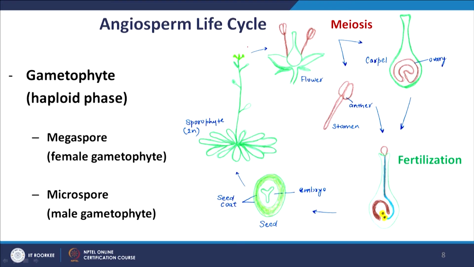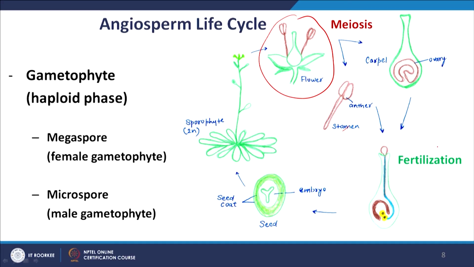This is a typical angiospermic flower. In a flower there are 4 organs mainly: the sepals, petals, stamens and carpels. The stamen is the male reproductive organ, and the carpel is the female reproductive organ, and the process of gametophytic stages initiates from here, when anthers, which are the male part of the stamen, produce pollen grains, and carpels have the ovule.